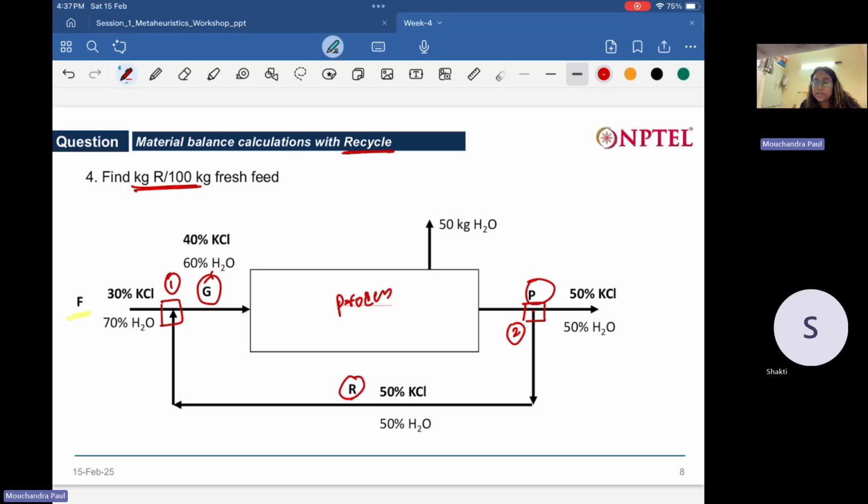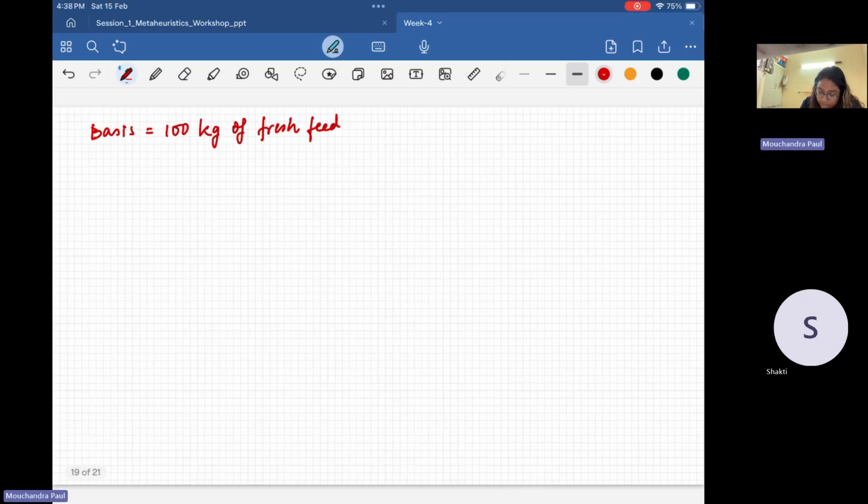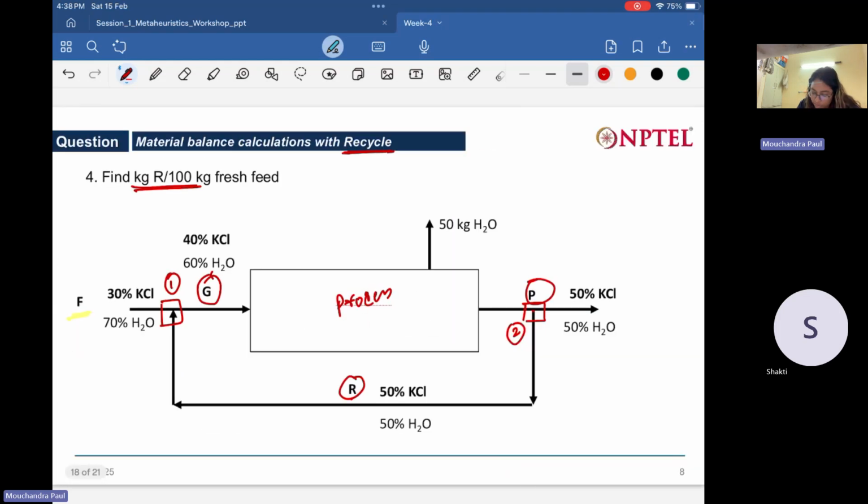And G is the feed that is getting mixed with the recycle and then entering the process. So first write the overall balance. When I say overall balance, I'm considering this.